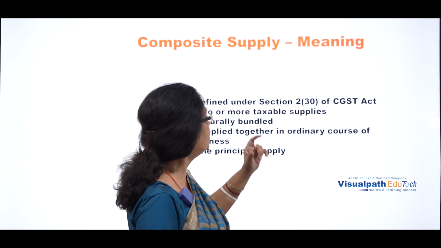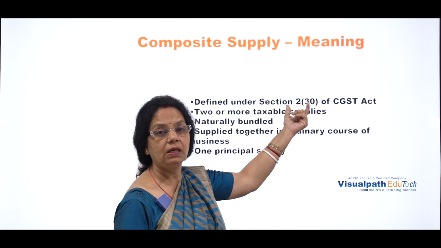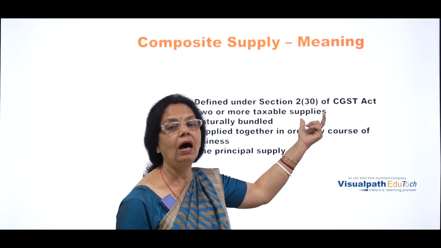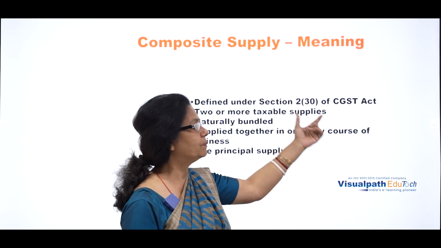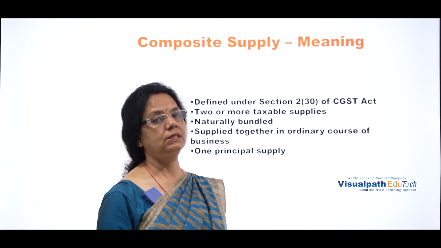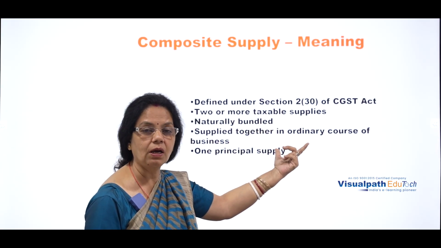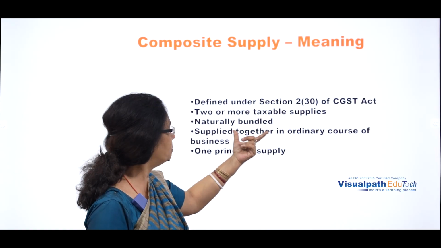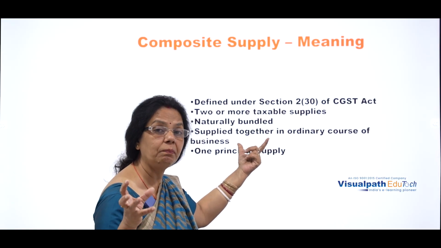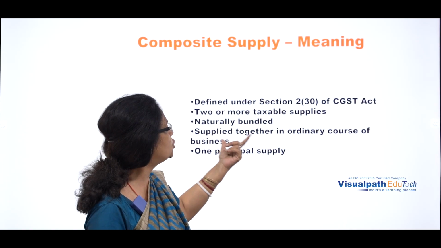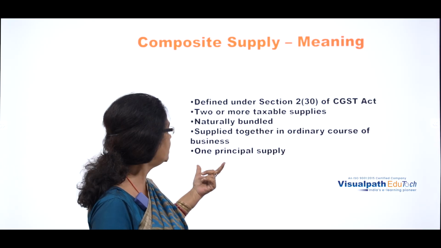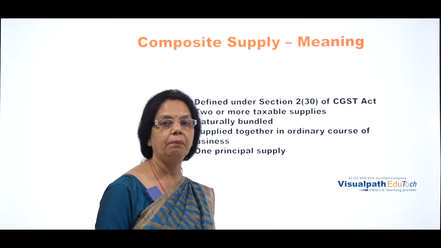So in case of the composite supply, it comes under the same CGST Act, under Section 2, but Subsection 30. Two or more taxable supplies should be there in case of the composite supply. Naturally blended, as I told you, supplied together in the ordinary course of time, and one principal supply should be there.